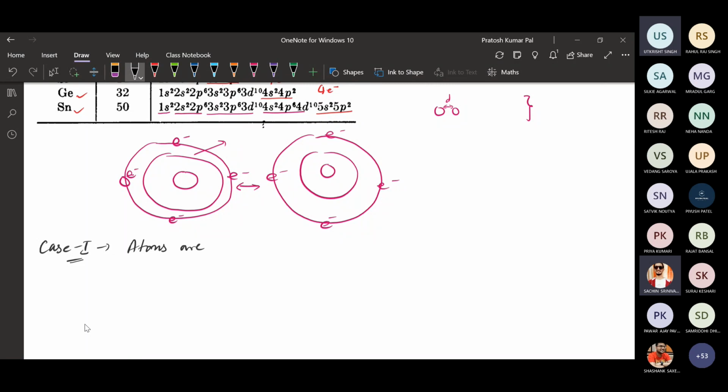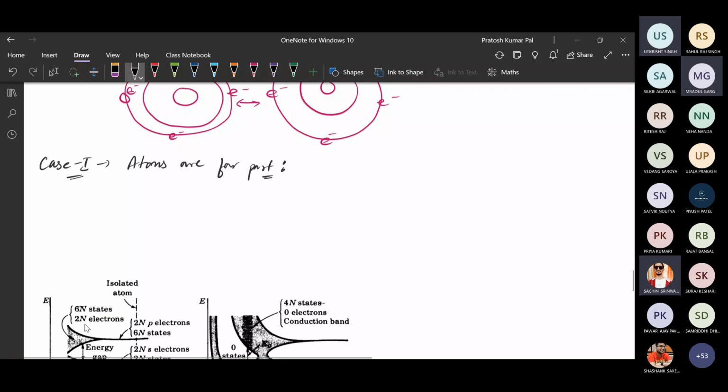Like, the distance between the atoms is very high, okay. If the distance is very far apart, what will be the characteristics? Basically we will see that. If atoms are far apart, the interaction between the atoms will be negligible.